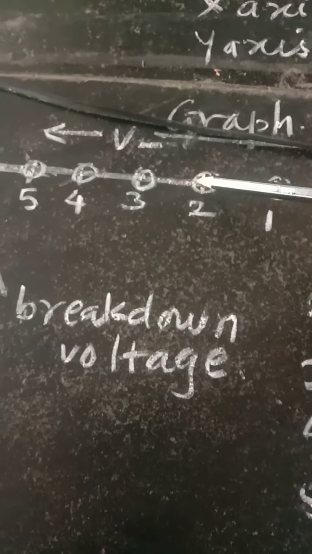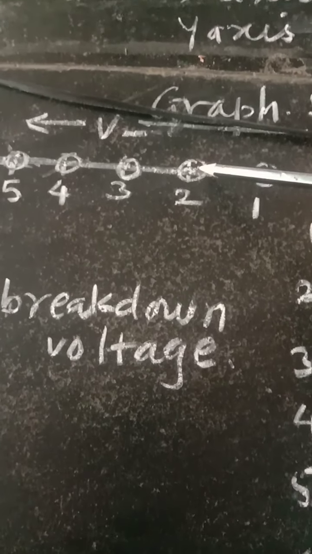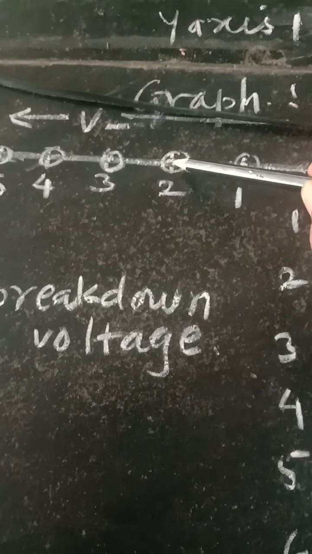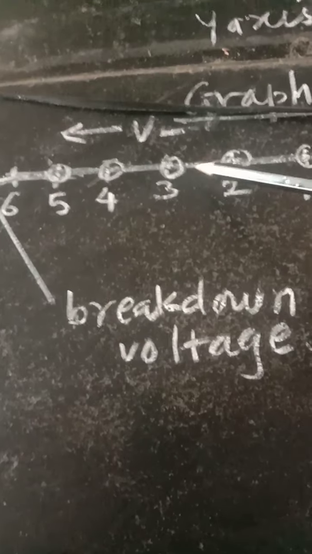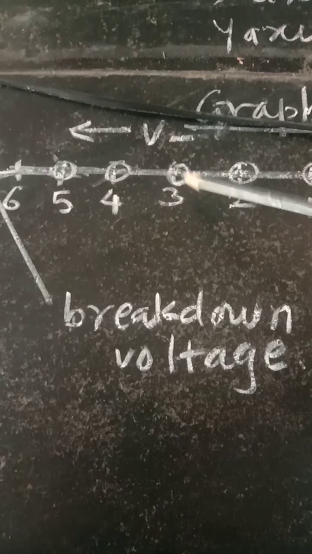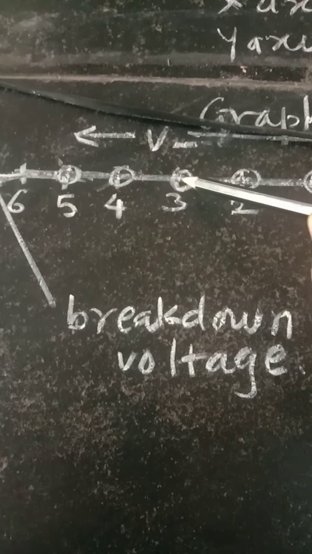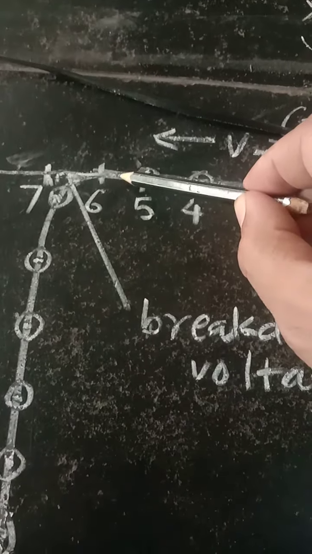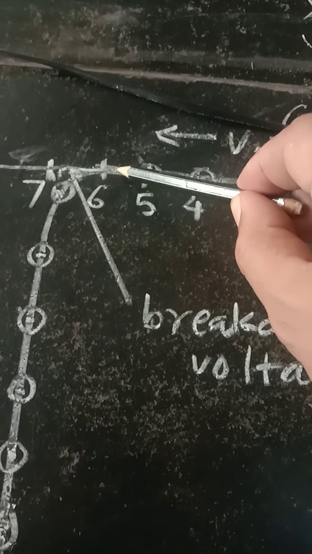For next, if voltage is equal to 2 volt, still current is equal to 0, and therefore it will be plotted along this x-axis. For next, again 3 volt voltage is there, but current is equal to 0, therefore it will be plotted along the x-axis. So like this we can proceed up to this reading.